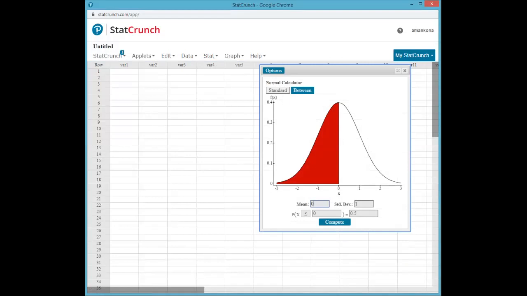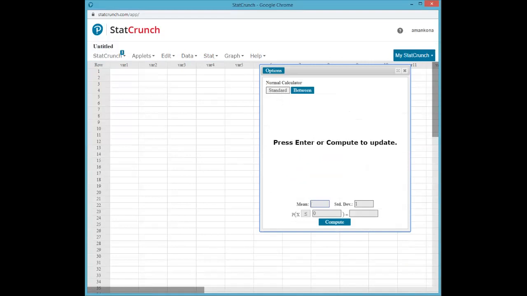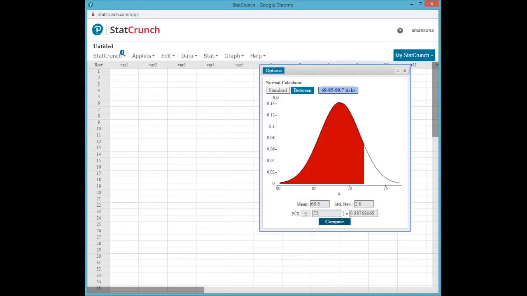That's a standard normal. But this says it's normal, so I'm not standardizing it. I put my mean 68.6, and then my standard deviation is 2.8. Now remember, I'm looking for the probability to the right, that is men taller than 72 inches. This inequality is less than. This will give me the probability.